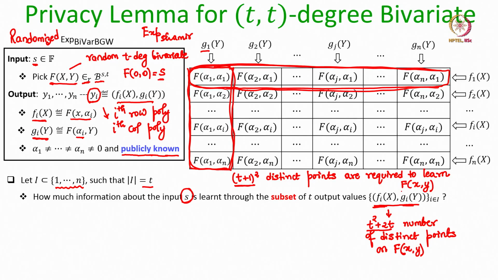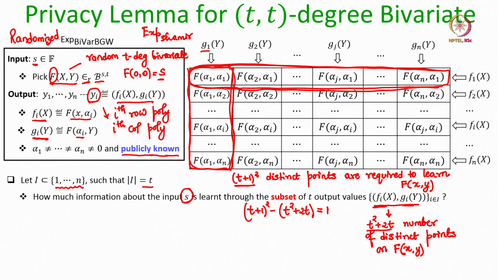You can use this matrix interpretation of the bivariate polynomial and the property which we had proved in the earlier lecture. Okay. So, we are falling short of how many distinct points? We require t plus 1 square, but we will learn only t square plus 2t. So, we still lack one more distinct point to uniquely identify what was the bivariate polynomial f of x y picked by the experiment.